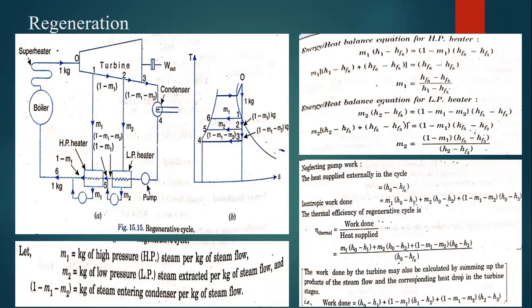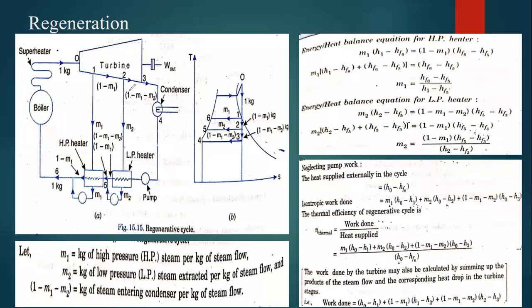Here is the energy or heat balance equation for the low pressure heater. For the high pressure heater we have done it, and now we will do it for the low pressure heater. At the same time, we will confirm how much steam has been extracted from the turbine. So here we apply the energy balance equation for the low pressure heater. What is the input for this?